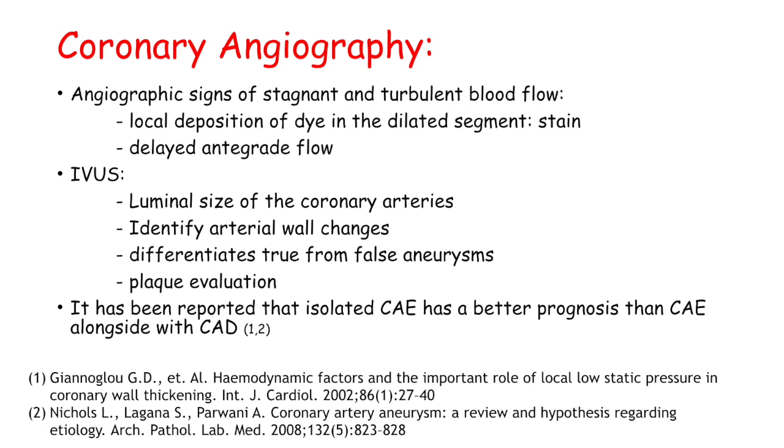So IVUS can help us determine the size of the vessel, identify wall changes, differentiate true from false lumen, especially for aneurysms, and we can evaluate plaque in these patients before and after the ectatic segments and see the associated coronary artery disease. Because if we define CAD with ectasia, as we said, the prognosis is not as good as without having coronary artery disease.